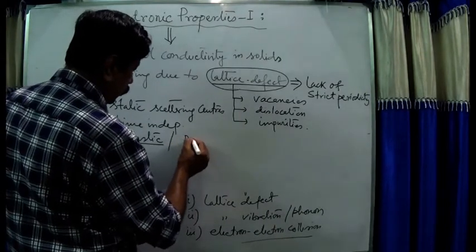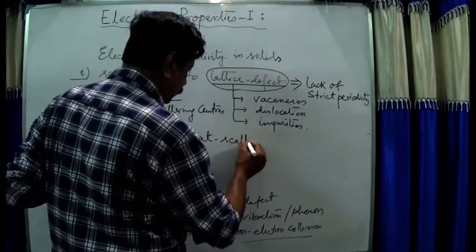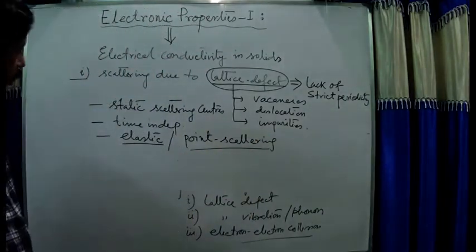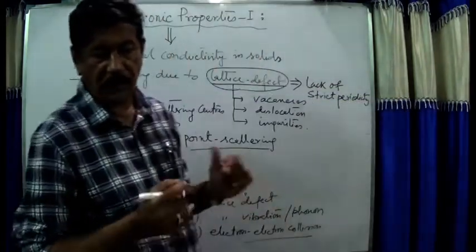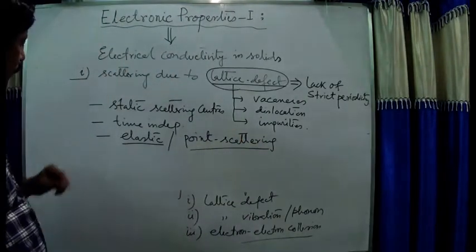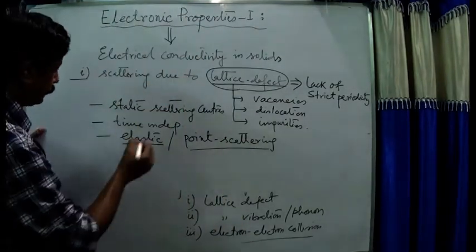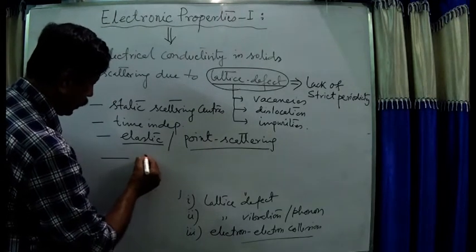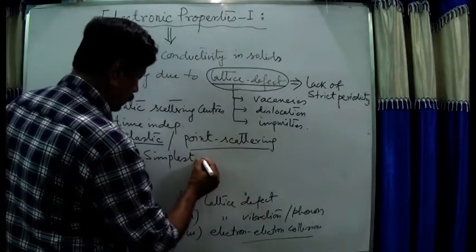It is point scattering, I mean the scattering occurs from a point. So this point scattering is time independent, elastic, and we can also call this type of scattering the simplest in nature.